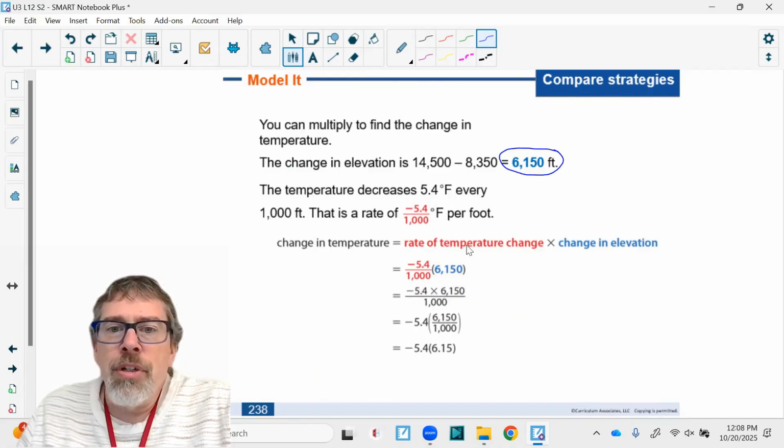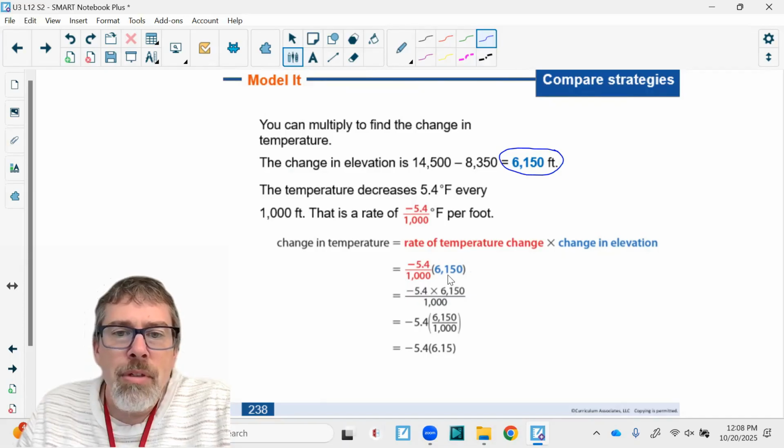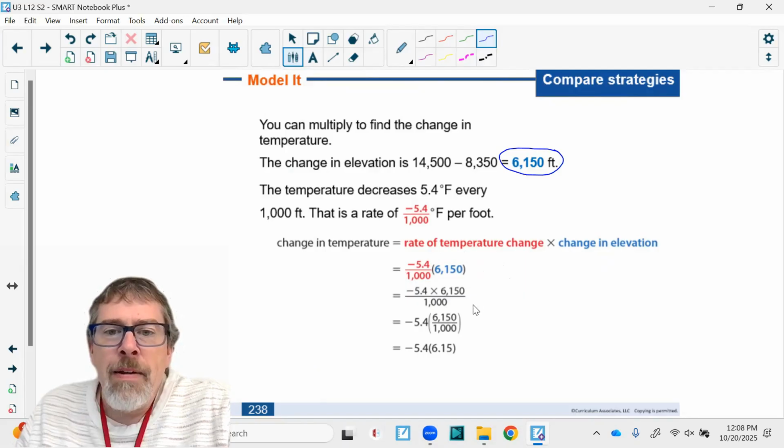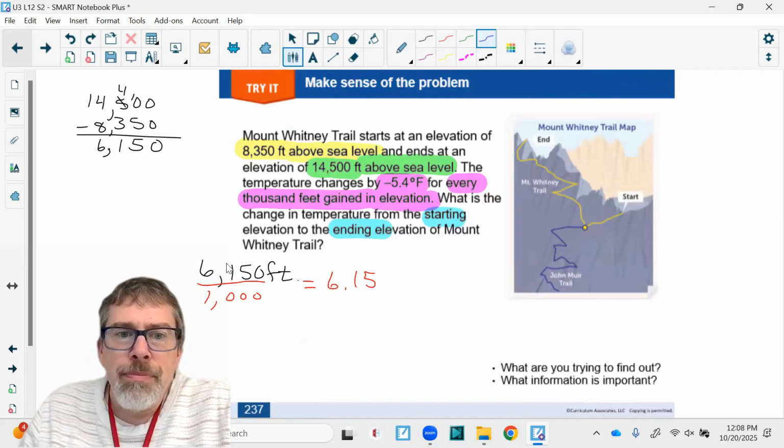Change in temperature equals rate of temperature change times change in elevation. So negative 5.4 over 1,000 times 6,150 is going to be the same as negative 5.4 times 6.15, which I think I had back here. So here's our 6.15.